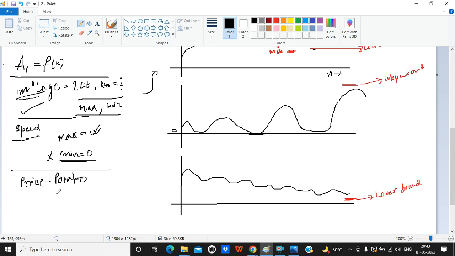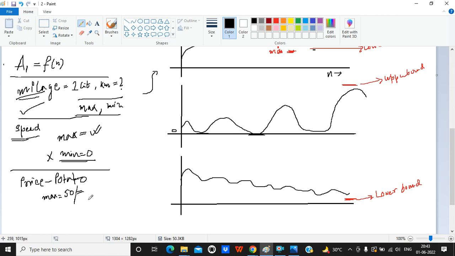But currently, the maximum price of potato here is 50 rupees. That is fixed. The government makes a maximum limit fixed. 50 rupees is the maximum price of potato in the market.